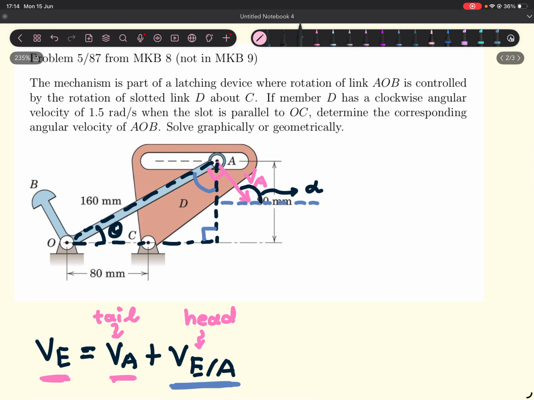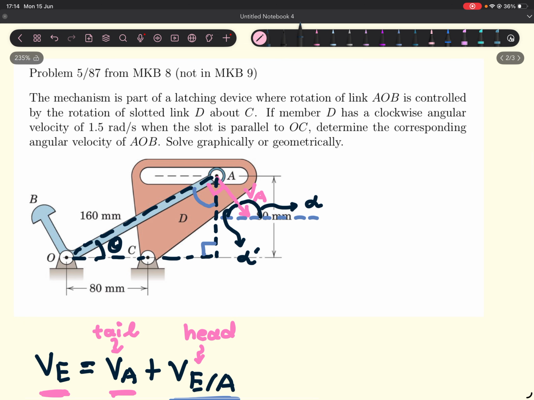But I'm going to draw in our alpha prime over here, right? Cool. Now we're going to use the same procedure as before. So we're first going to try and get this angle here, then we can use sum of angles in a triangle to then solve for alpha prime, and then we'll use angles on a straight line to then solve for alpha.